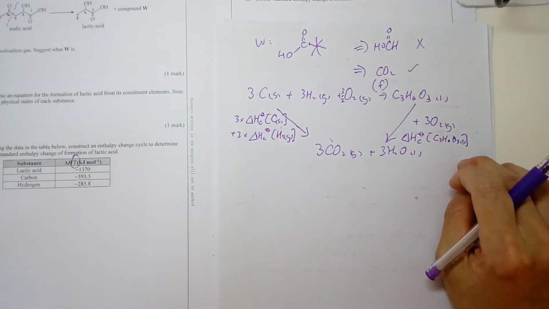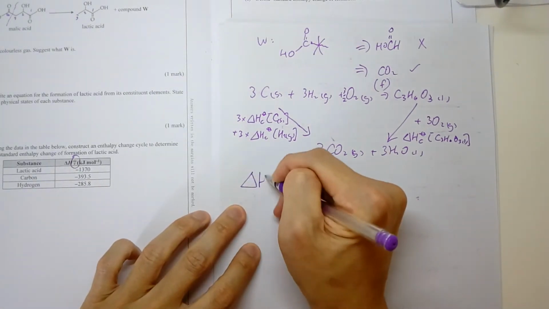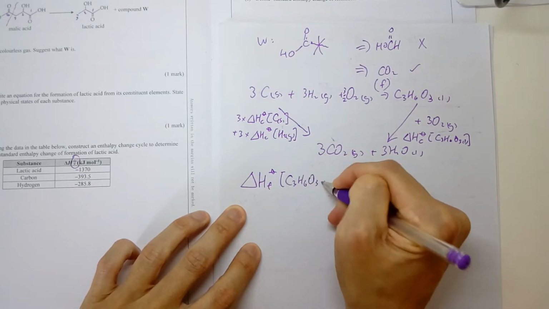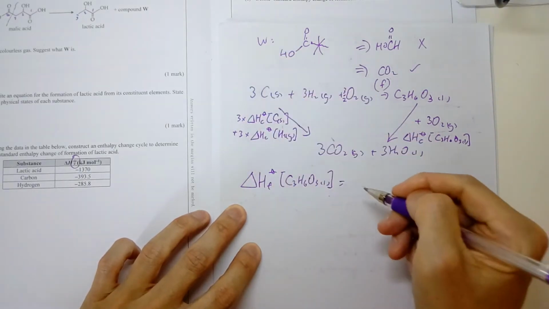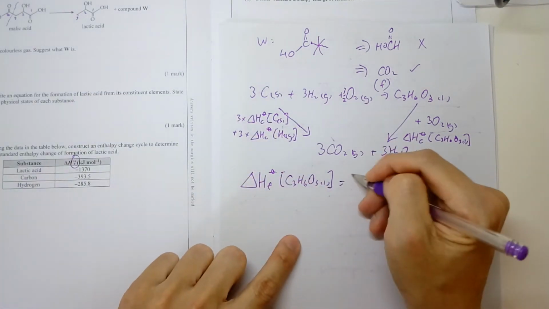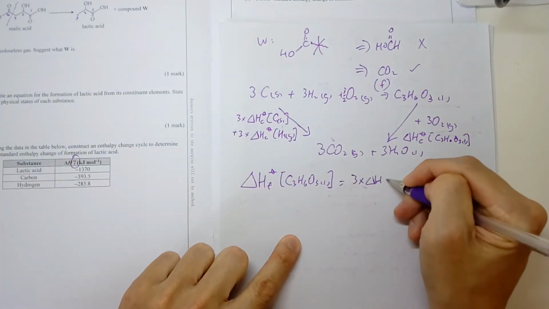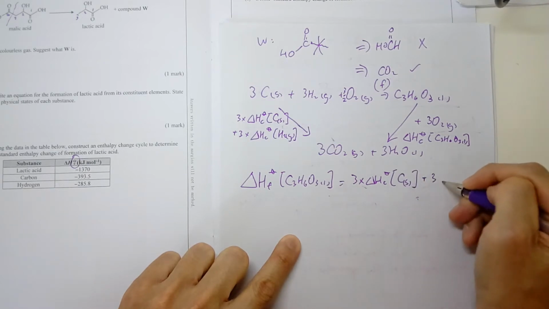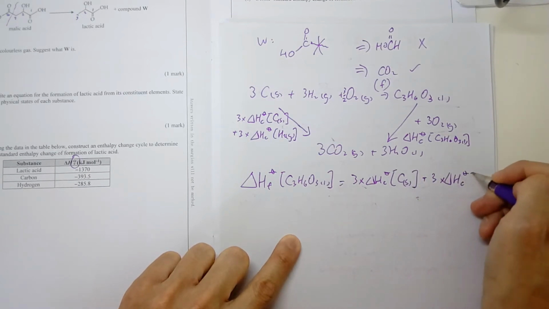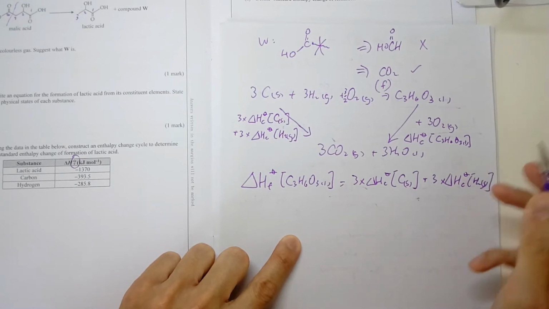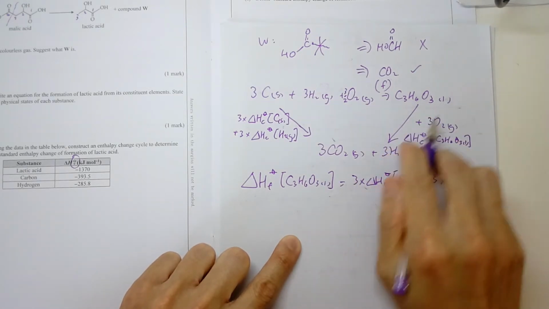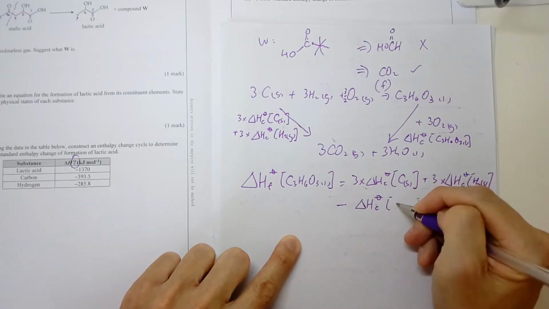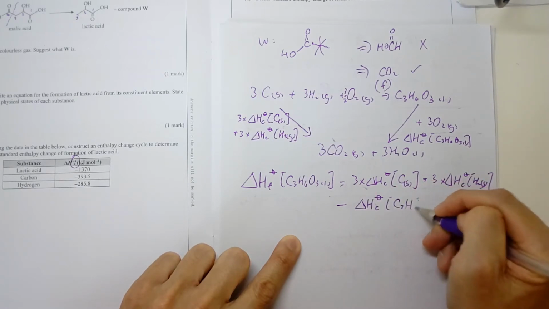And the formation of lactic acid will be: first, follow the arrow here, and then reverse the direction, that means minus the combustion of lactic acid.